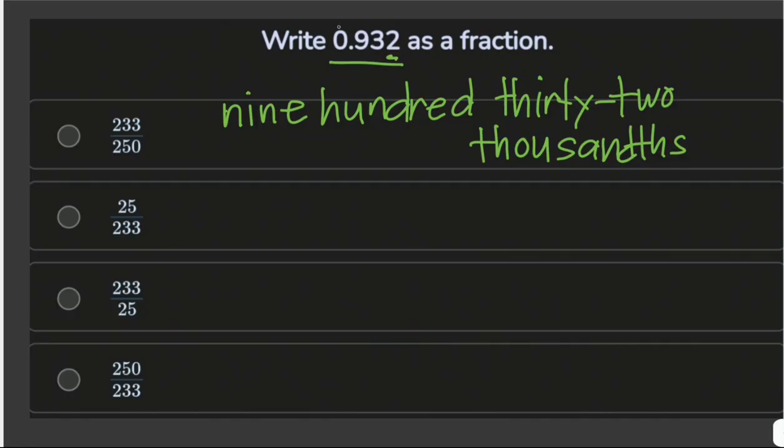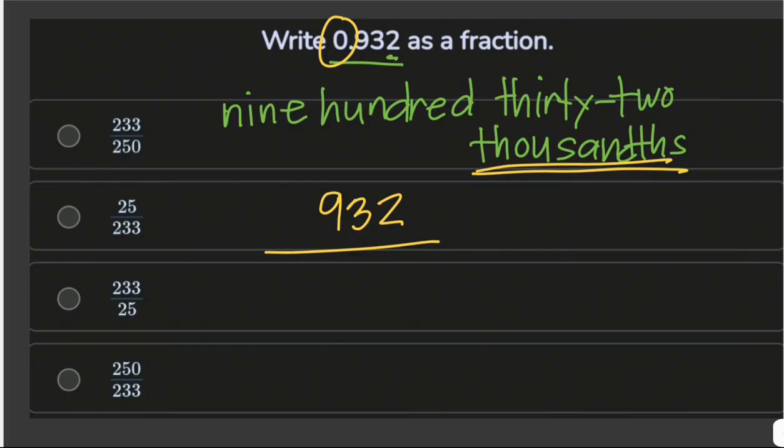Note that 0 came before the decimal, so there is no whole number. And we read it as thousandths, so 932 is our numerator and 1000 would be our denominator.